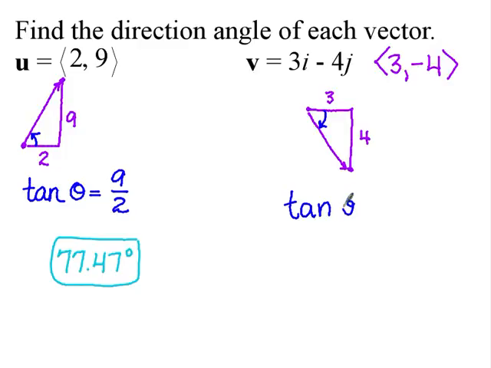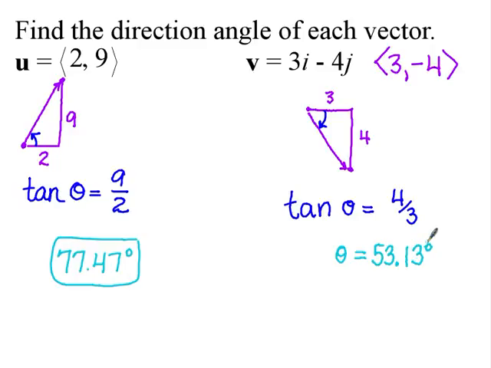The tangent of theta equals 4/3. What's the inverse tangent going to be? 53.13 degrees. So that's what this angle is.